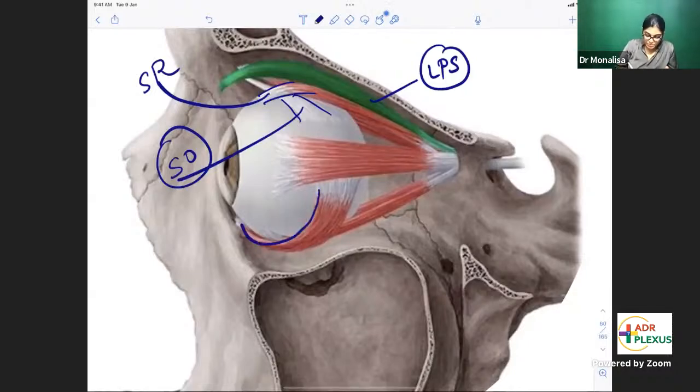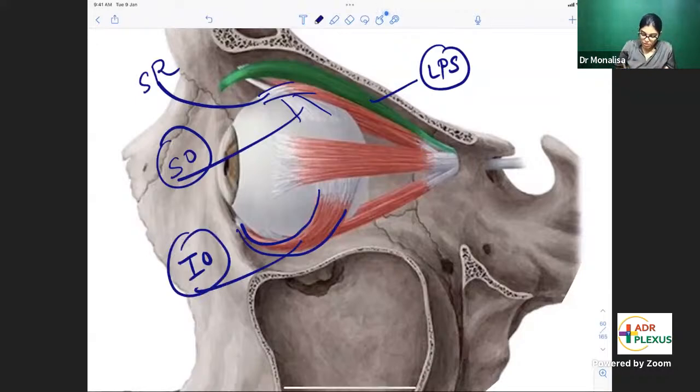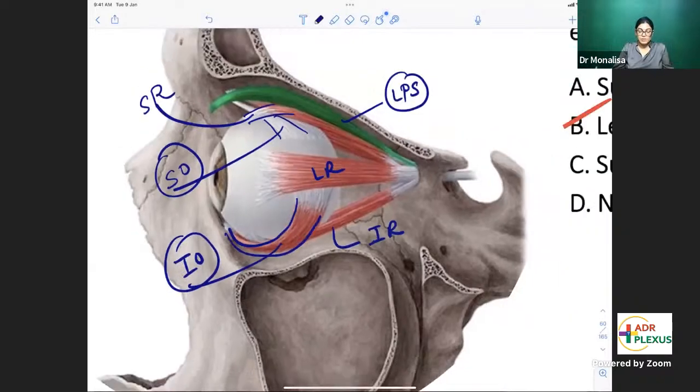This other muscle inferiorly, which is oblique, is IO, inferior oblique. And you can also appreciate the inferior rectus muscle and the lateral rectus muscle. So clearly the green color highlighted muscle is levator palpebral superioris muscle.